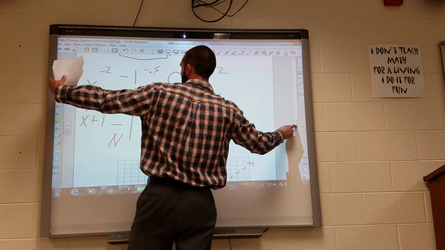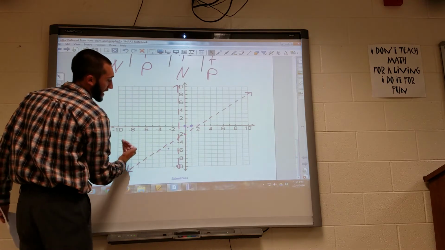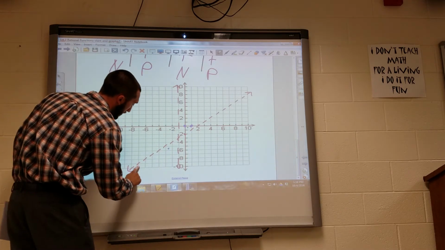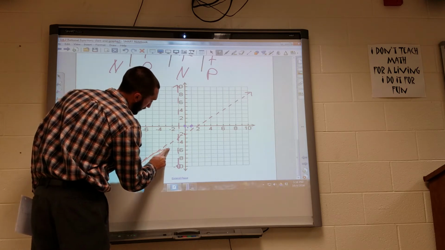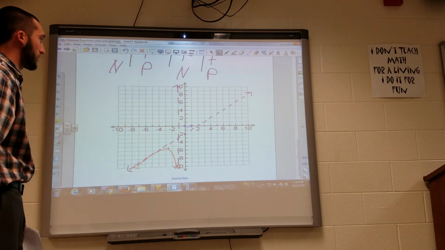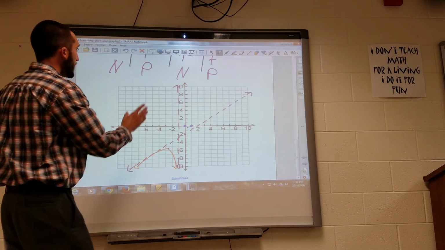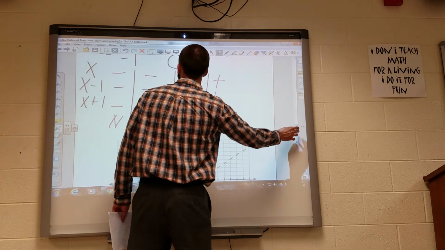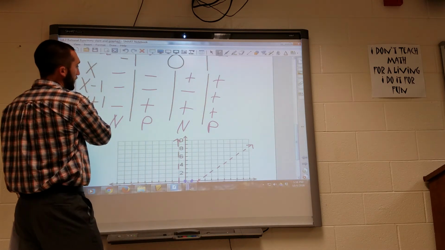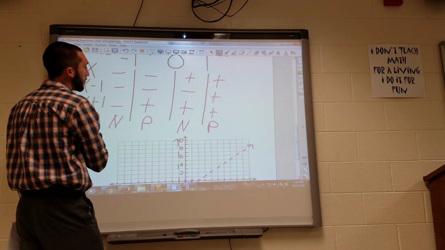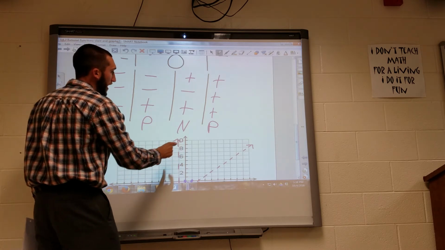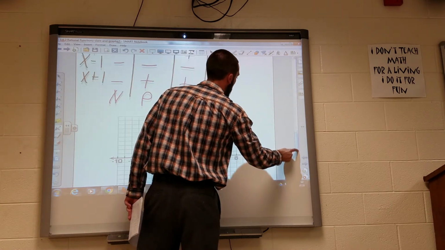So when it's less than negative 1, when I'm on the left-hand side of negative 1, my graph is going to hug my asymptotes, it's going to reach that, and then it's going to go back down towards that asymptote. Okay, then let's see what happens at our next interval. That interval was from negative infinity to negative 1. Now I'm in between negative 1 and 0, and in between negative 1 and 0, I should be positive.